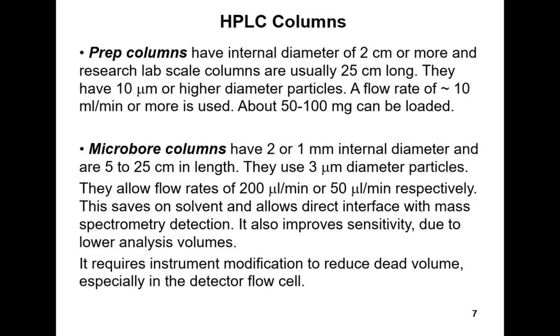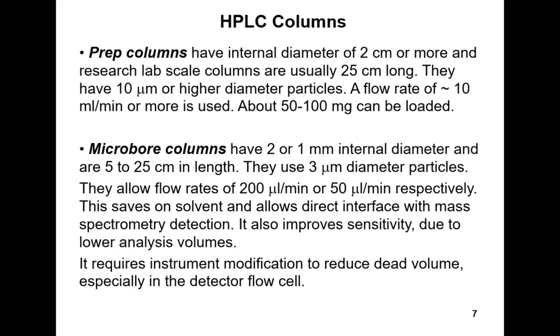And the first column that I sent around was the small one. That's what's referred to as a microbore column, and that uses smaller diameter particles, 2 or 3 micron diameter, with 1 or 2 millimeter diameter inside.